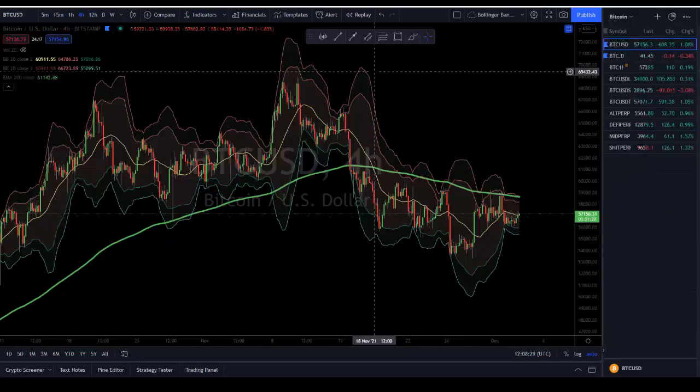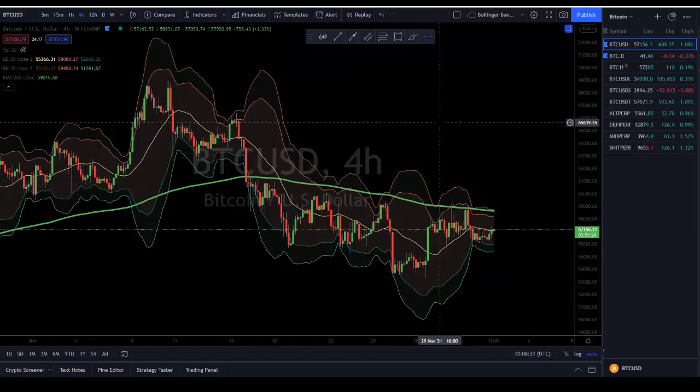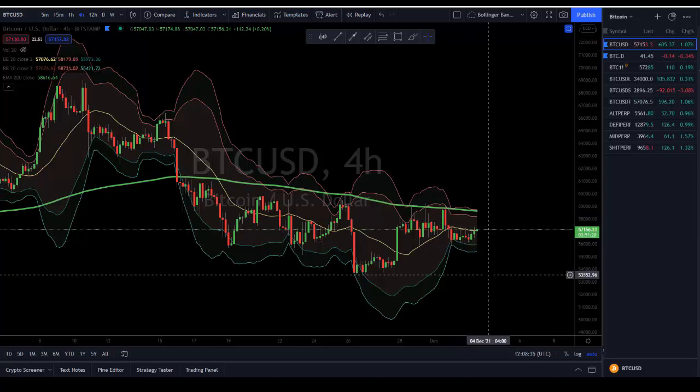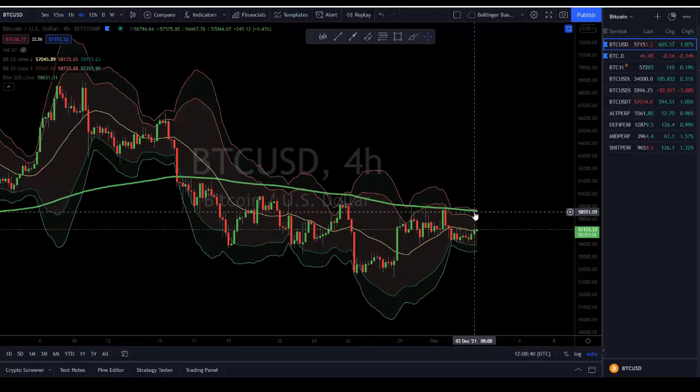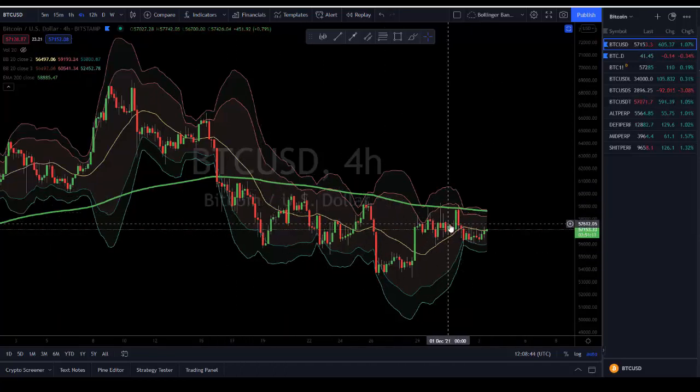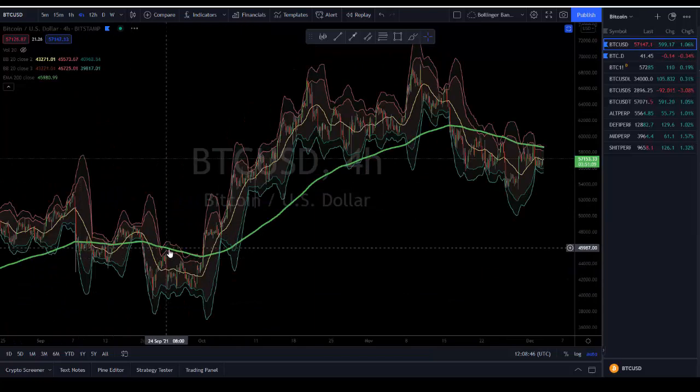However, when I go into the Bollinger Bands, looking at the 4-hour time frame, we can see the bands are narrowed down, which means that there's a big move coming. And we're underneath this 200 period simple moving average. So it's really been a point of resistance all the way along, a point of support all the way along.